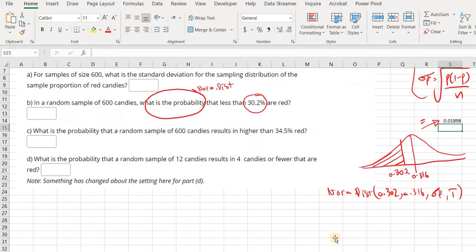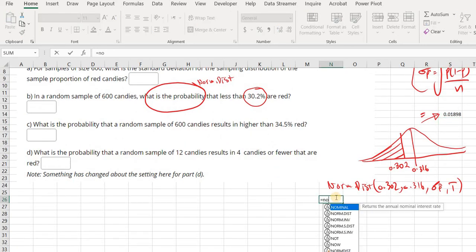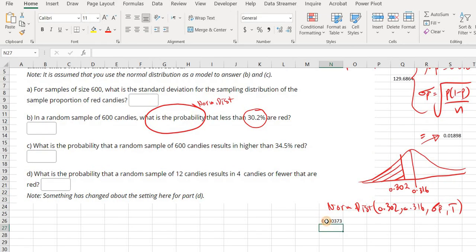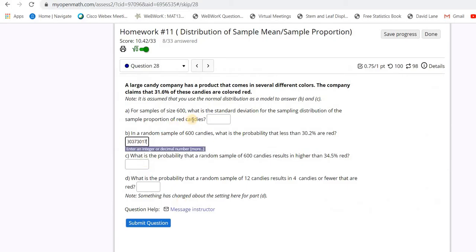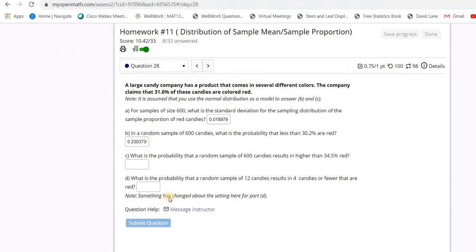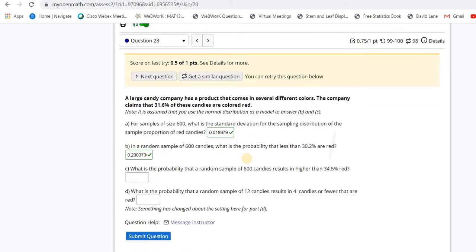So I'm just going to copy the standard deviation we computed in the previous step and paste it here. And that is the first and second part.